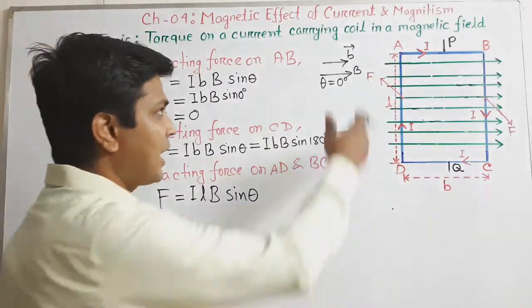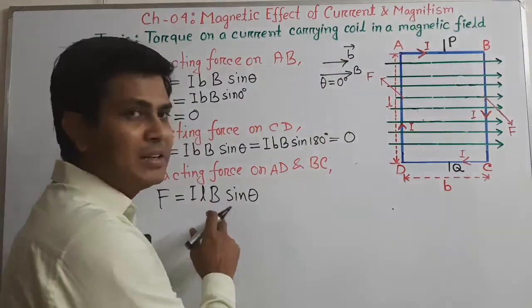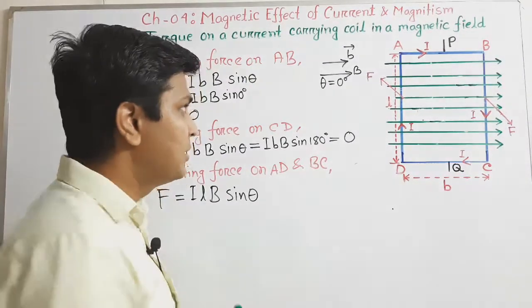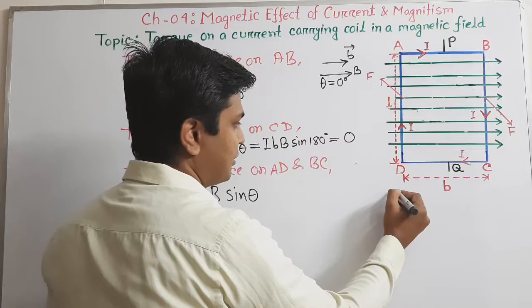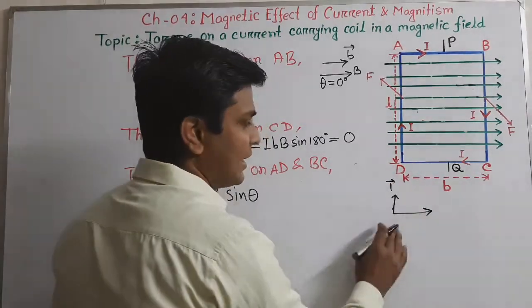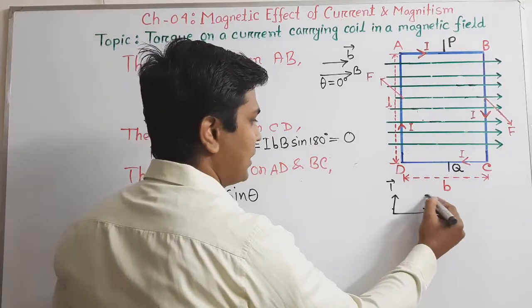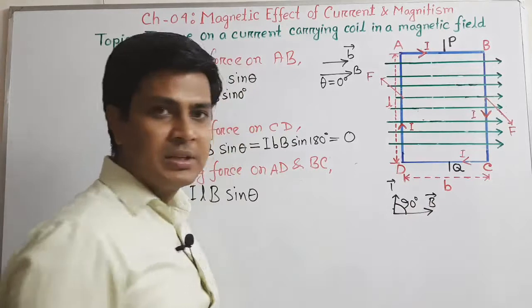In the case of sides AD and BC, the angle between L and B will be 90 degree, because here the vector L acts in that way and the magnetic field acts in the forward direction. So the angle between those two vectors is 90 degree.